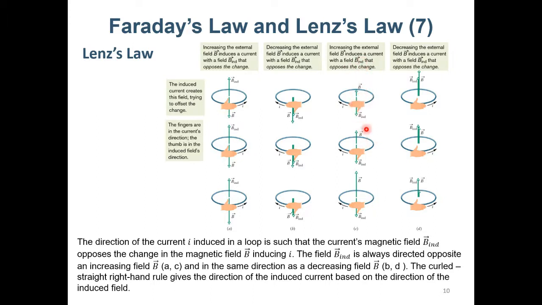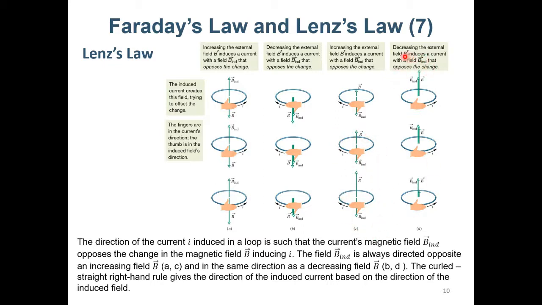Then the induced B field will still keep pointing downward, because the external B field tries to increase the magnetic flux pointing upward. So it will generate a B field pointing downward. And using the right-hand rule, still the current is going clockwise in this case.